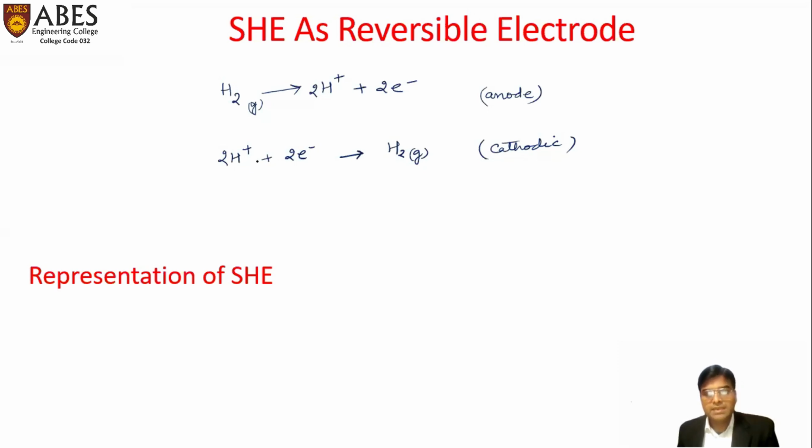To represent the standard hydrogen electrode, the representation is given as platinum, hydrogen gas, which is at 1 atmosphere, in equilibrium with H+ ions, which are 1 molar in concentration.